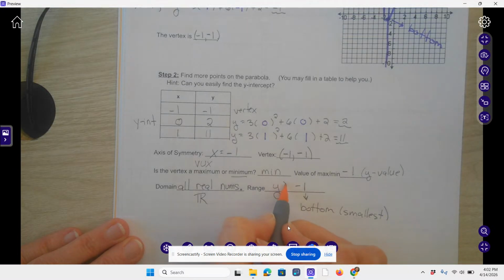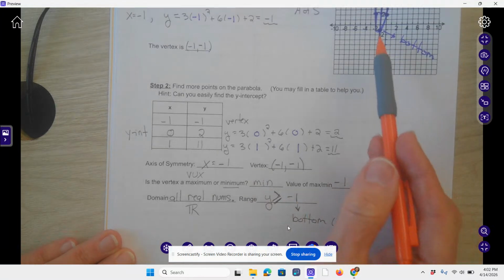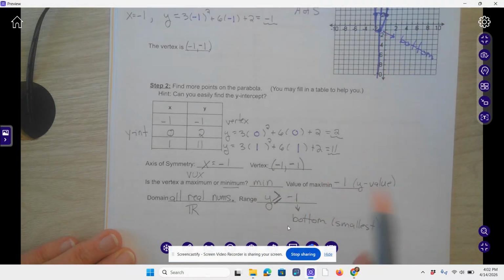So I want to put the little tiny point of my inequality by the -1. And we need the "or equal to" under there because we are saying all of our y values are greater than or equal to -1. We're equal to -1 right there at that point.